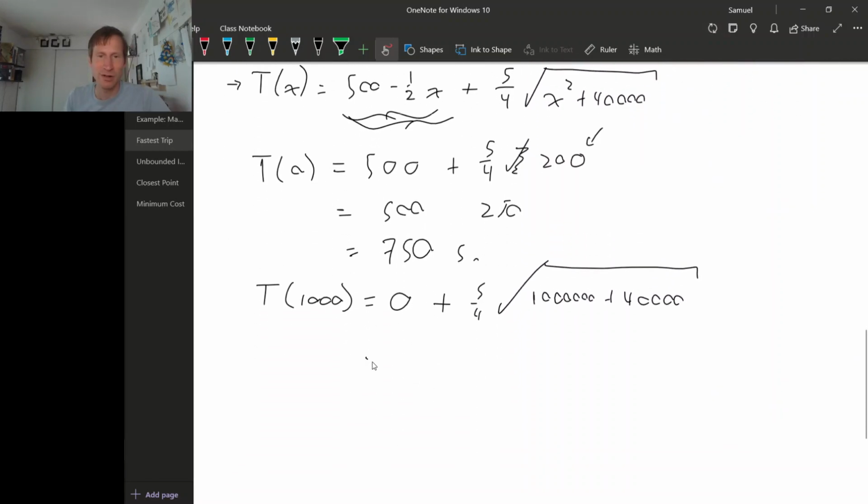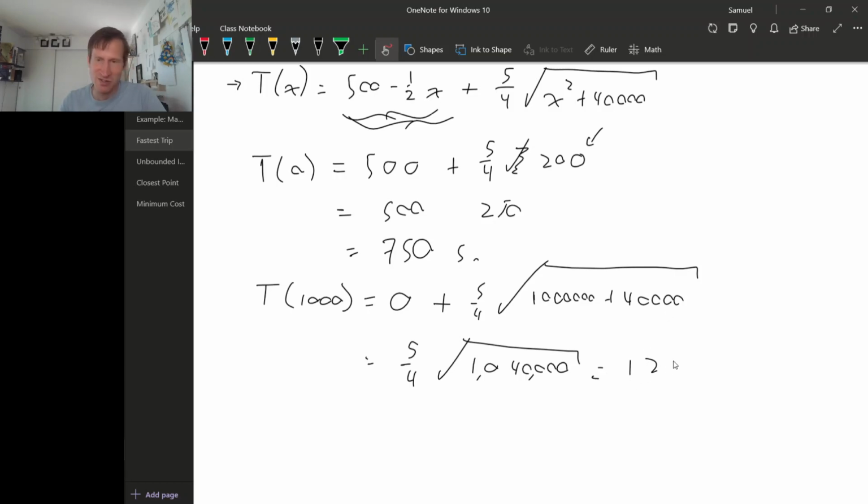Okay, so 5 over 4 times the square root of 1,040,000, and I will admit that I've sort of reached my tolerance in dealing with things exactly, so I'm just going to punch this into a calculator now. So let's do 5 over 4 times square root 1,040,000.